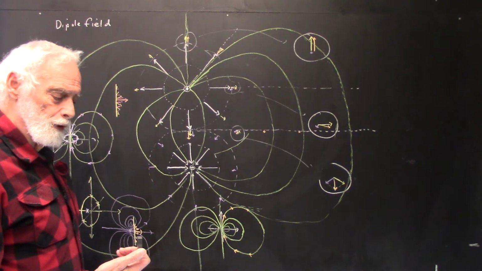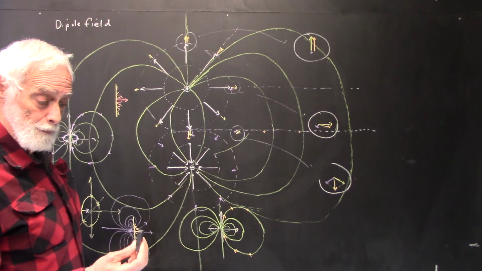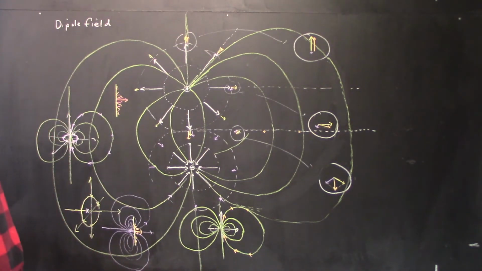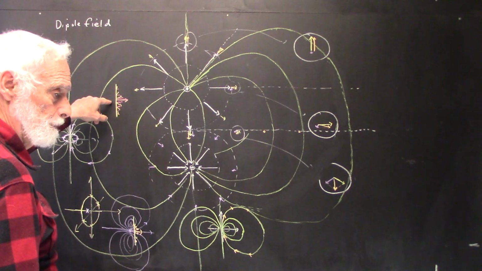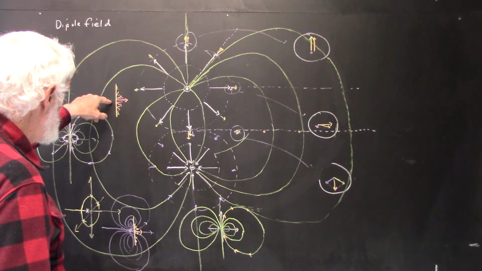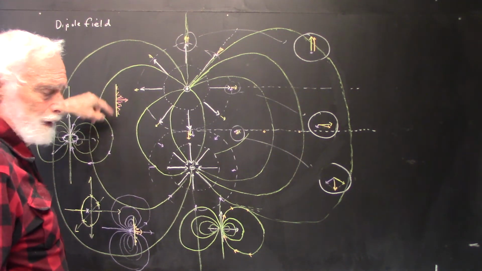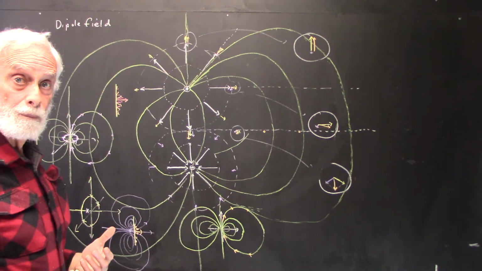If I switch this dipole, or this magnet, this way, the dipoles now all face in this direction. So if I reverse this picture, then the integral of these perpendicular components is going to reverse sign.